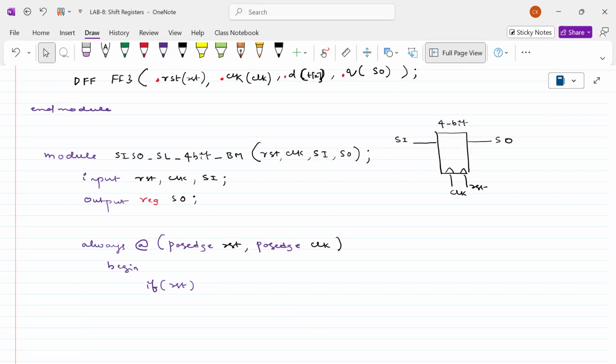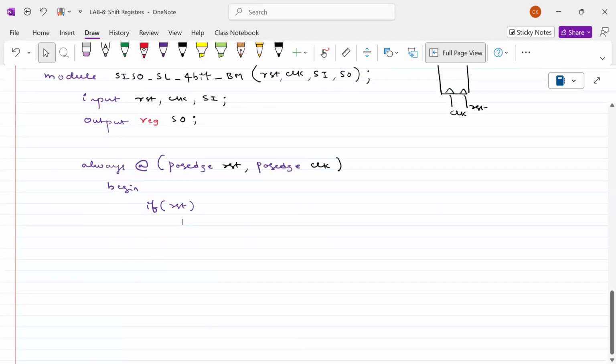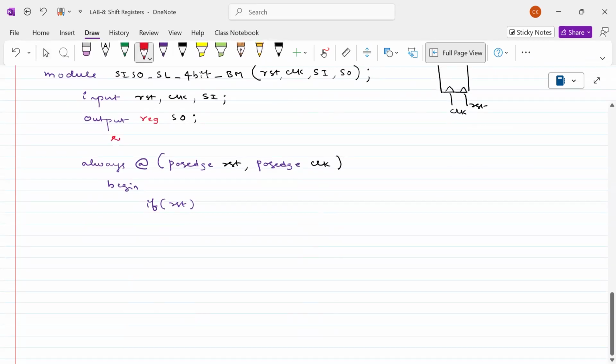Internal variables we have to write as a register data type, reg [2:0] for example T. In the structural modeling, we have used wires. Internal variables are called wires. In the behavioral modeling also, if you want to discuss anything about the internal variables, then you have to write it as a register data type. Am I right? Okay, right.